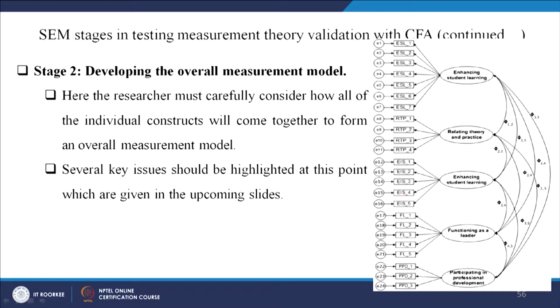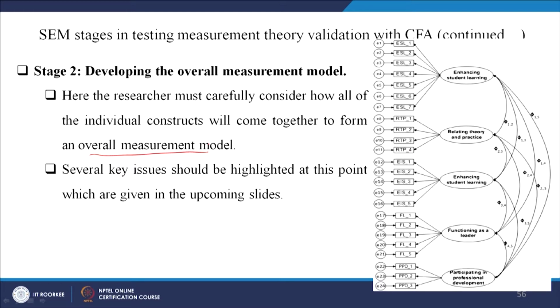So, now after doing that and placing all the errors related to each of the variables, what we have done is we have tried to build a covariance structure. Now, relating every construct with the other, right, every construct has been connected to the other. So here the researcher must carefully consider how all of the individual constructs will come together to form an overall measurement model.